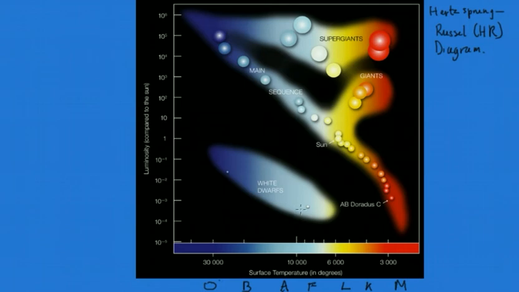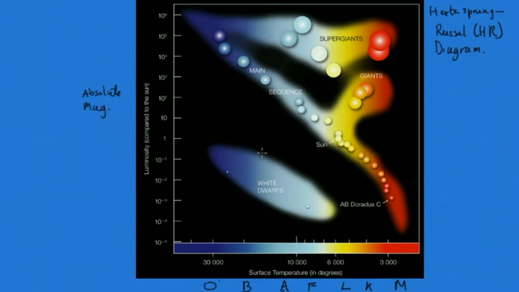And so this is the surface temperature getting hotter, and here is the luminosity. The luminosity, or the absolute magnitude, could also be plotted on this side.